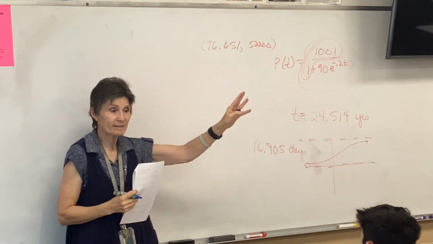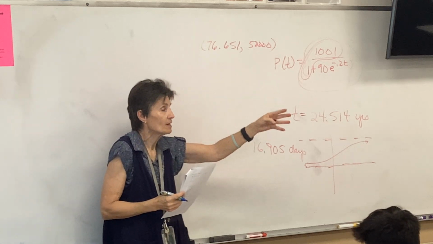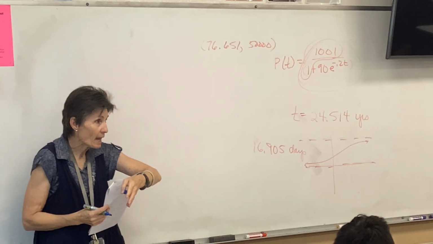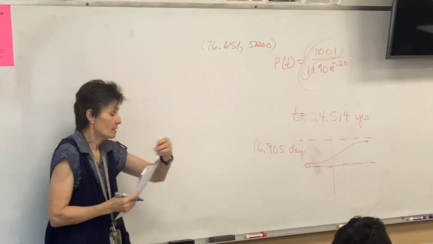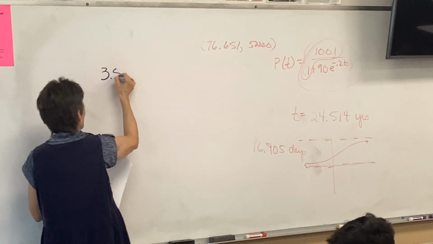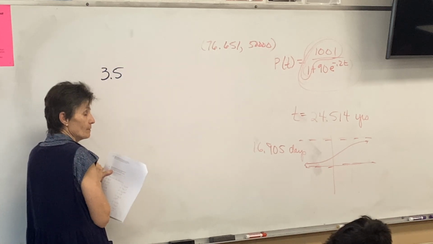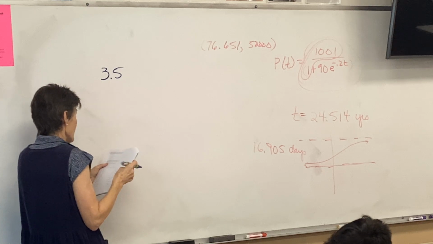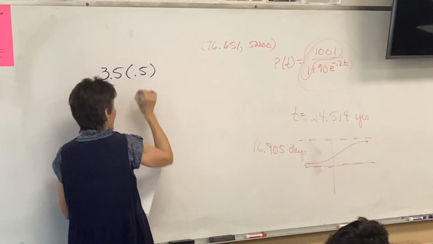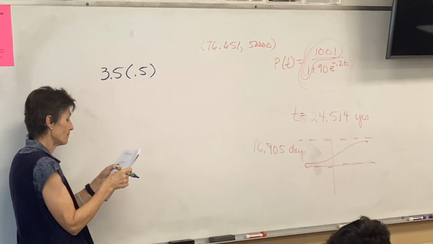So if we started with 10 grams of the stuff, we would go down to 5, and then down to 2.5, and so on. So we are starting with 3.5 grams of the stuff. We are talking about half-life, so we're multiplying by 1/2.